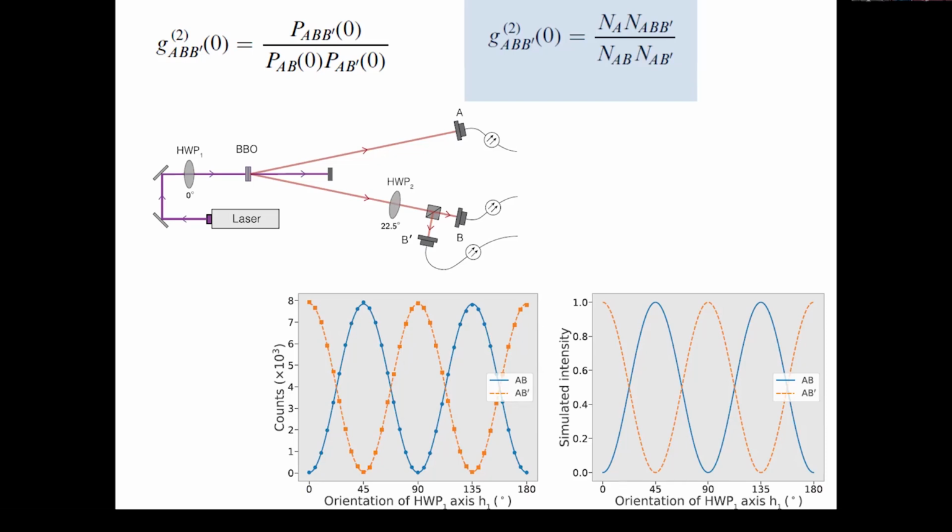Yes. You said that we cannot obtain single photon behavior when we ignore the herald, right? Please repeat the question. You said that we cannot obtain single photon behavior if we just look at the signal. Exactly.